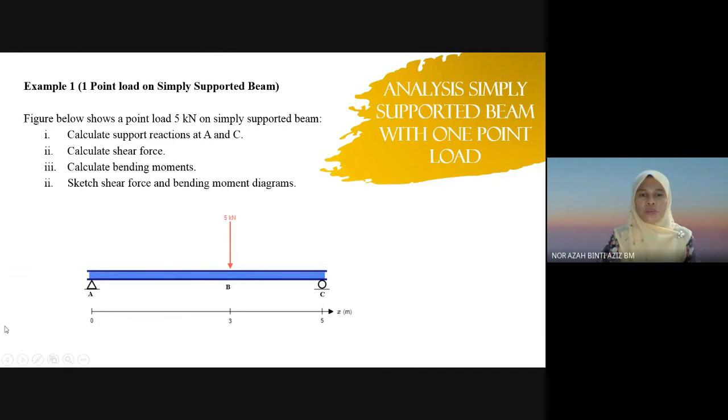So point load 5 kN here we can assume as secondary beam. AC is the primary beam. So you will do analysis for simply supported beam with 1 point load and 2 point load. Go into detail in your tutorial class.